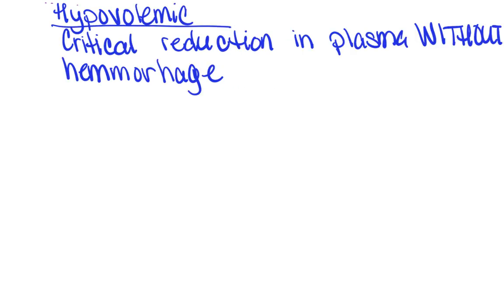The third subdivision is going to be hypovolemic shock. And so this is going to be a critical reduction in plasma without hemorrhage. So fluid is still leaving the vasculature system.